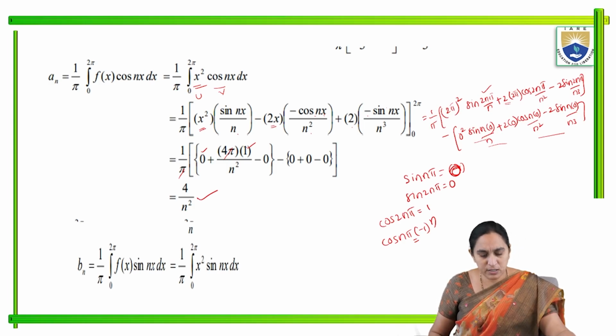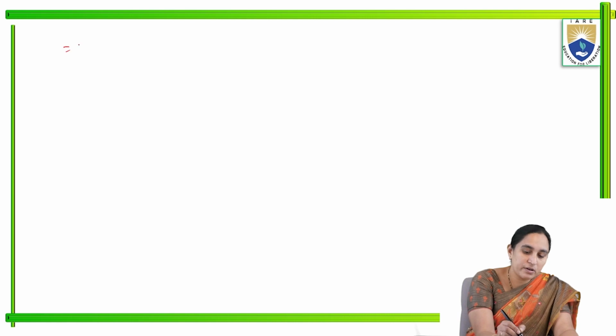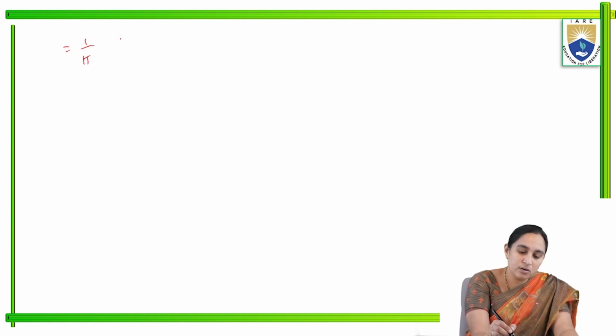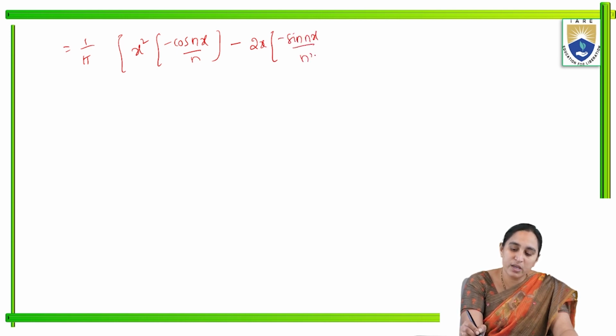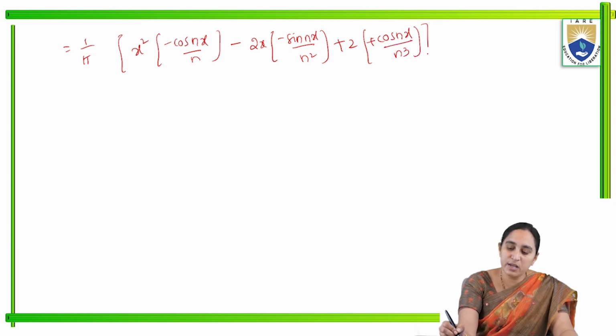Now I'll find out that 1 by pi into integral of x square into sin nx integration, minus cos nx by n, minus 2x into cos nx integration, minus sin nx by n square, plus 2 into, again sin nx integration, already minus, there minus, plus cos nx by n cube.